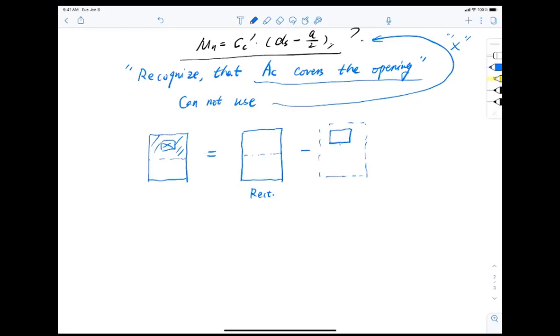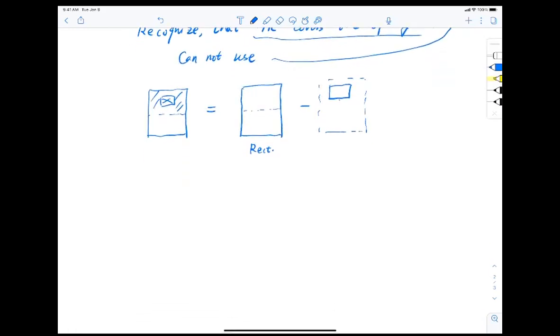So if this is the case, I have two things going on. Mn essentially now should equal to compression, of course, multiplied by jd, that's fine, but has two components. So from this rectangular section, I naturally have 0.85 f'c a b, right? So this is a. Remind you that this is still a.